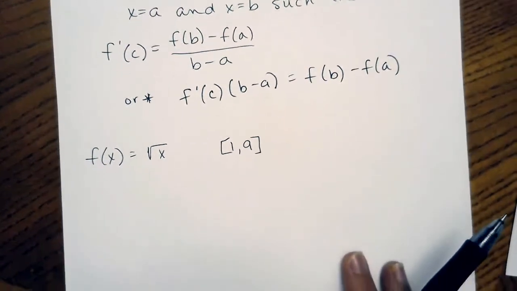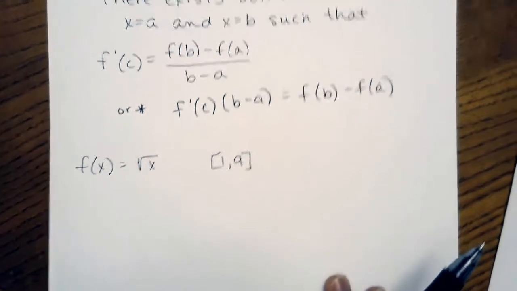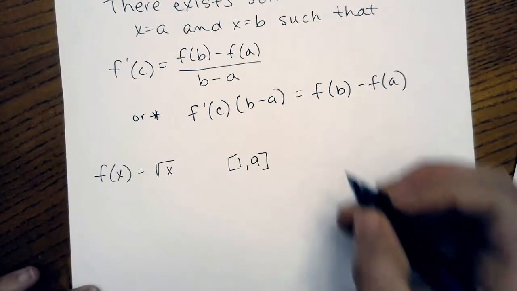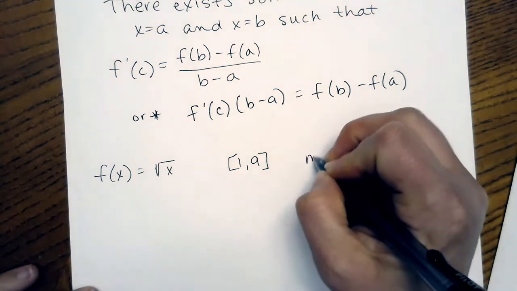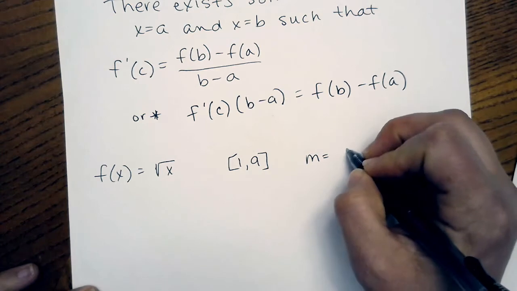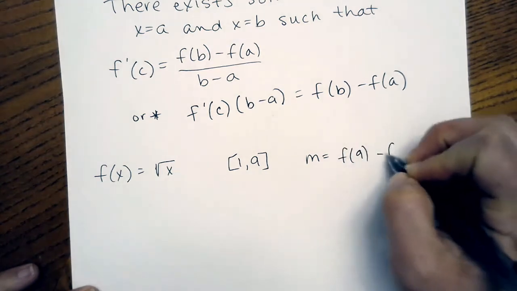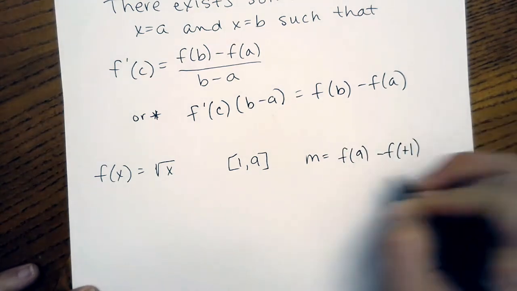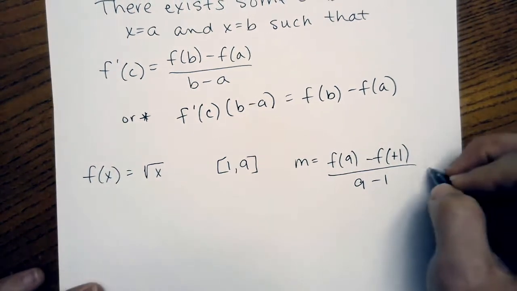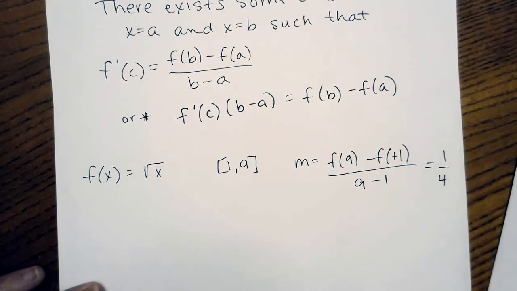So the one that we were looking at online when we were looking at the graph was the square root of x between 1 and 9. We already did this, essentially, but I'll just redo it here for a second. So the slope of my line is f of 9 minus f of 1, all over 9 minus 1. We calculated that on Desmos, and we ended up with 1/4 or 0.25.